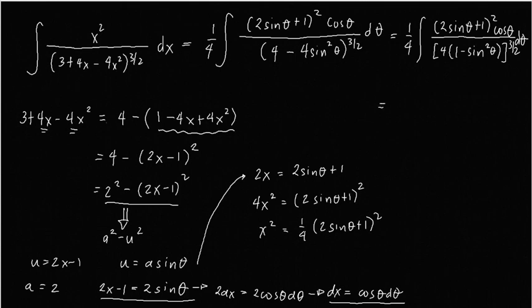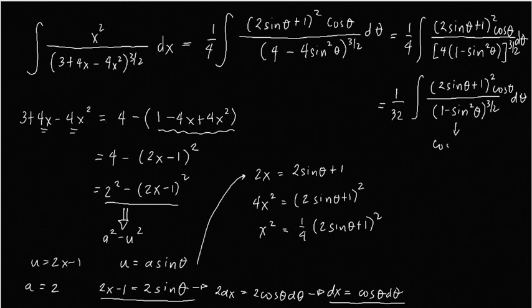And 4 raised to 3 halves is 4 raised to 3, 64, and then the square root of 64 is 8. So I will put here now 1/4 times 1 over 8, that is 1 over 32. Integral of 2 sine of theta plus 1 squared divided by 1 minus sine squared of theta raised to 3 halves times cosine of theta d theta. Then again, remember that 1 minus sine squared of theta is cosine squared of theta.